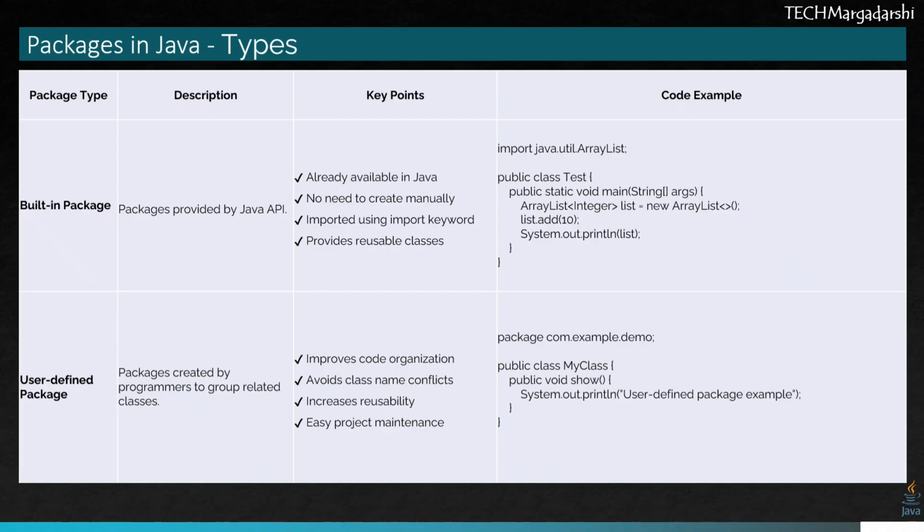This class can later be reused in other programs by importing the package. So, whether it's built in or user defined, packages help write cleaner, modular, and professional Java code. Understanding packages is a key step toward building real world Java applications.